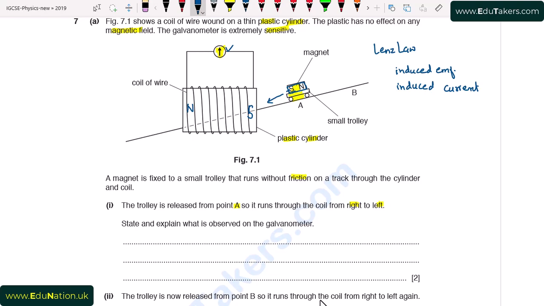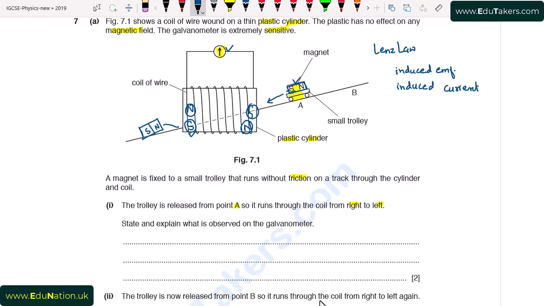When the magnet is at this position, it is again north and south. Now it is moving away from this coil, and the coil face will be south here and north there, because south pole will attract the north pole, so that the magnet does not move far away from it.